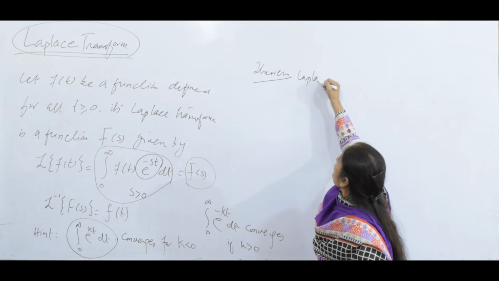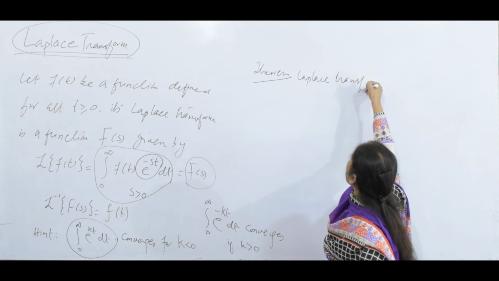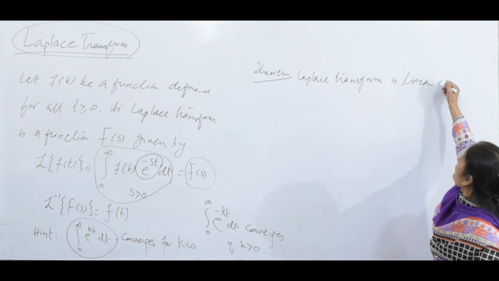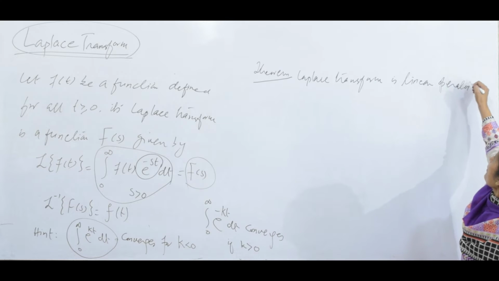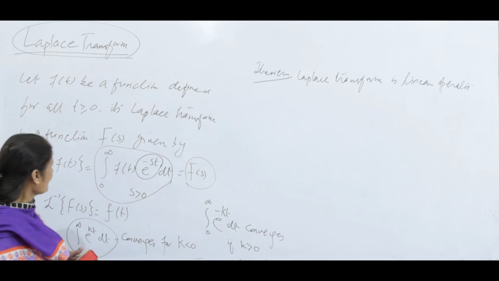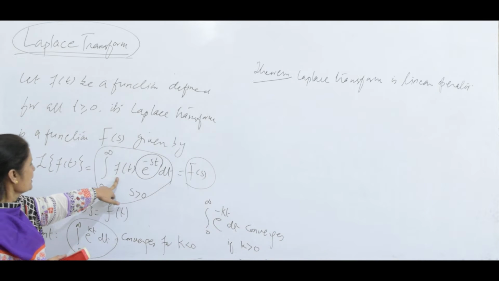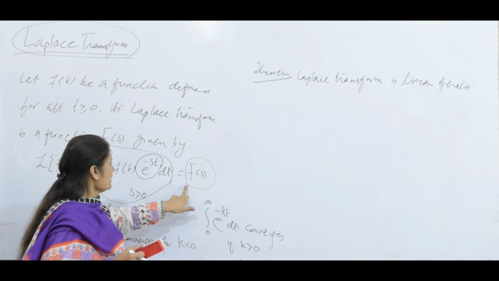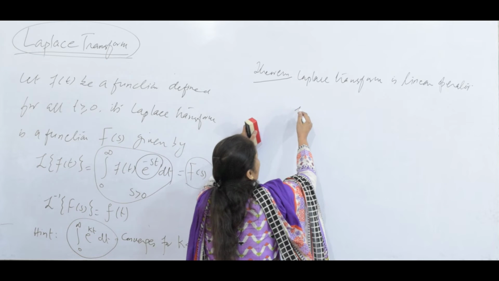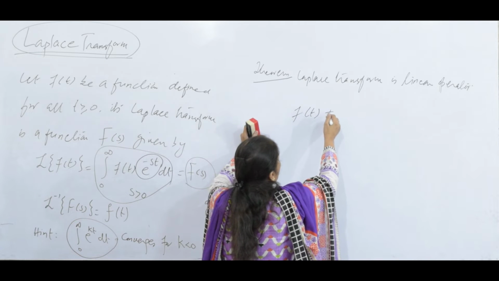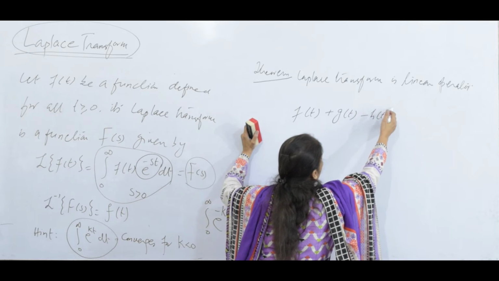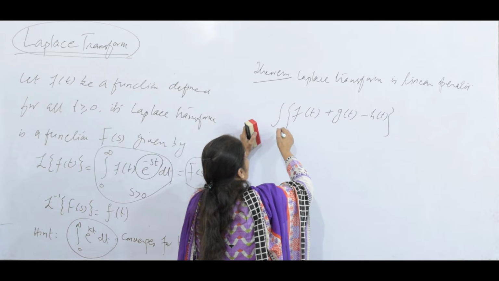Laplace transform is a linear operator. So Laplace transform is an operator. It converts a function of t to this domain, and it is linear. Linear, like if you have two or three functions defined, you have one function, then another function, then another function, and you are taking their Laplace transform.